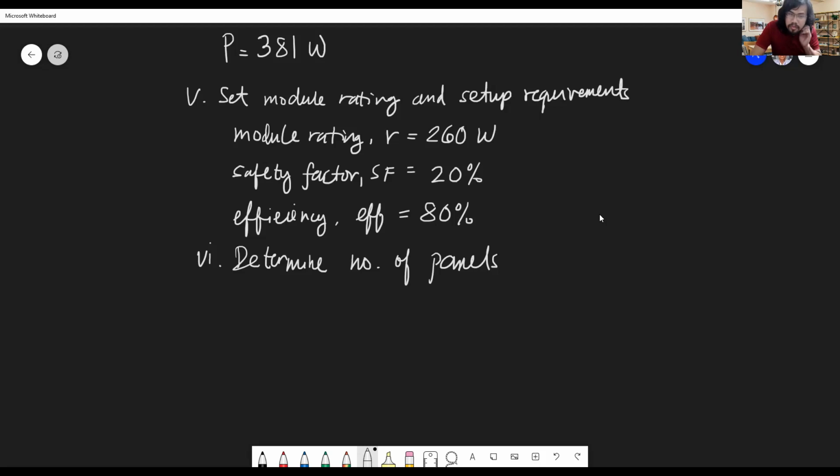So the number of panels is N, and N is simply the P over the module rating R multiplied by the safety factor, so 1 plus 0.2, or let's first set up the equation, SF all over the efficiency.